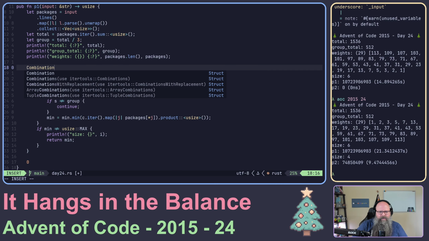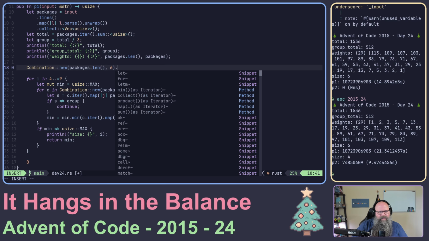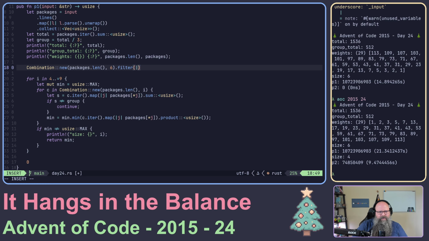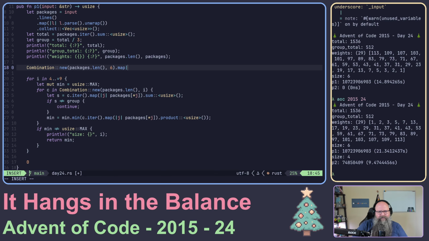Combination. New packages.len, 6. And then we want to filter on, oh, actually we can map them first.